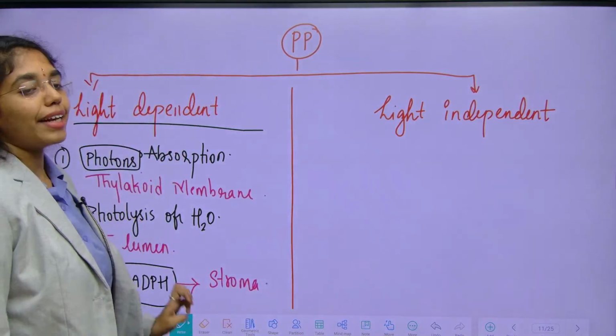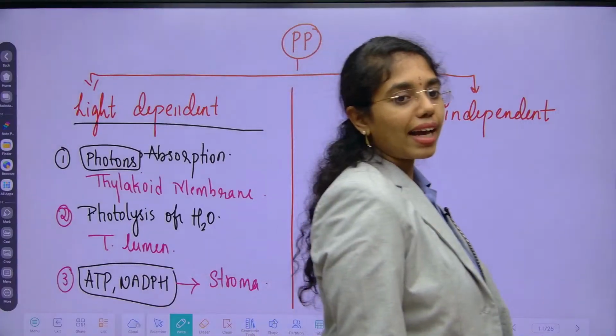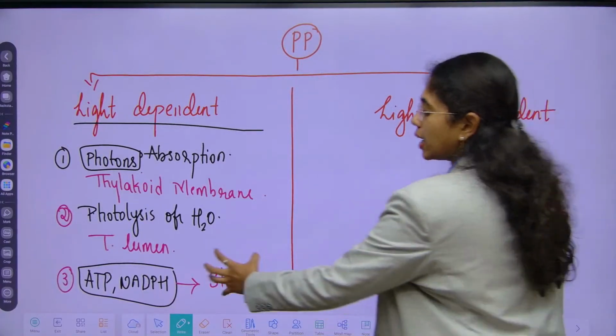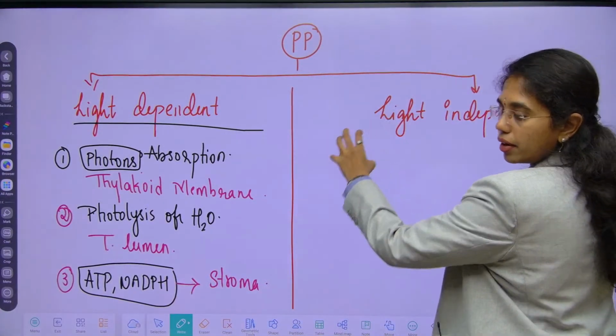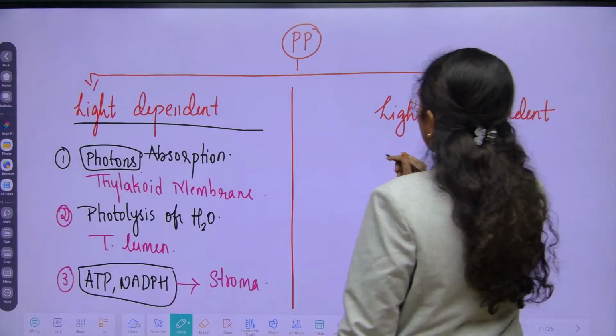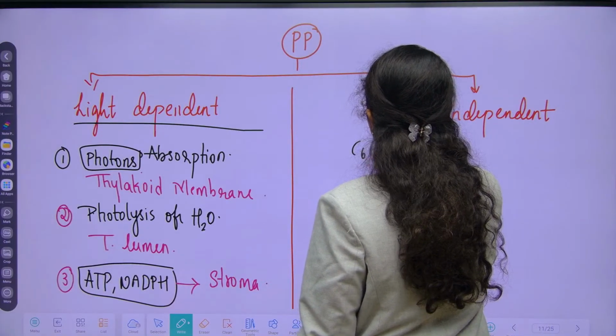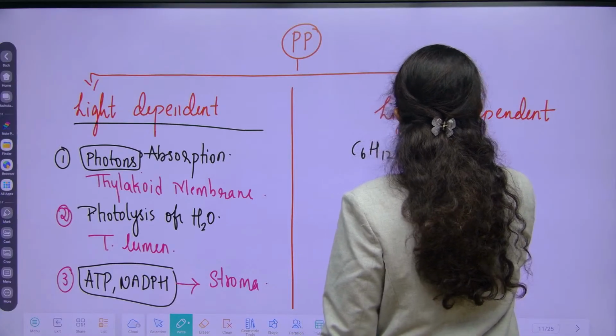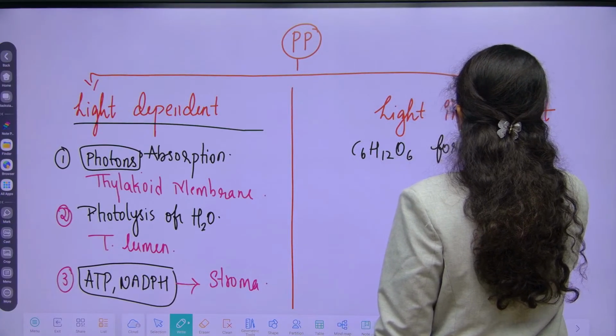Now coming to light independent reactions, the only reaction that happens here is taking the energy, that is assimilatory power, which is present in the stroma. It forms what? Glucose formation or carbon dioxide fixation takes place.